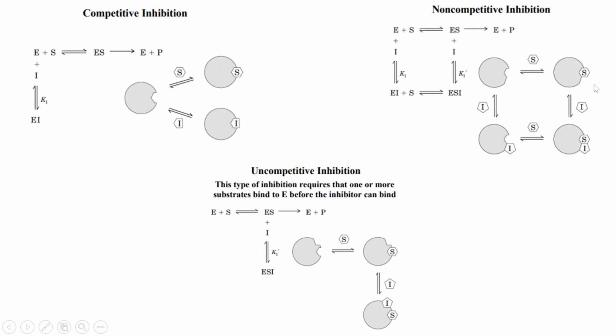Inhibitor can bind at this stage to that enzyme-substrate complex to form a ternary complex. In the second case, inhibitor can bind to the free enzyme, and after that the substrate can also bind to the enzyme. Product conversion will only happen when only the enzyme-substrate complex is present. The substrate will get catalyzed and converted into product.